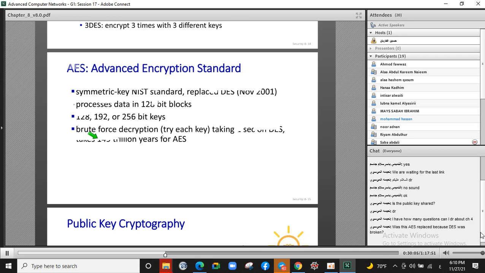This shows the strength of the AES strategy.